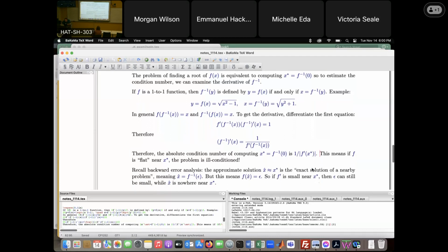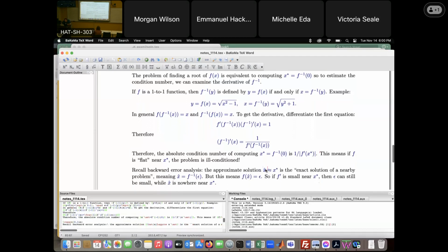Now, I'm going to take this opportunity to recall backward error analysis. The approximate solution, which we'll call x hat, which is our approximation of x star, is the quote exact solution of a nearby problem. So x hat is f inverse of some value epsilon that hopefully is near 0. But that would mean that f at x hat is epsilon, just by rearranging this equation. So what does that mean?